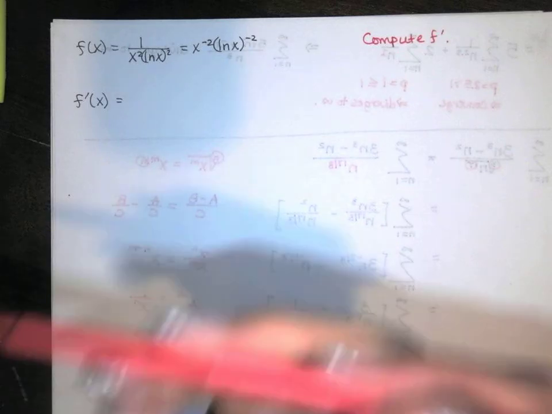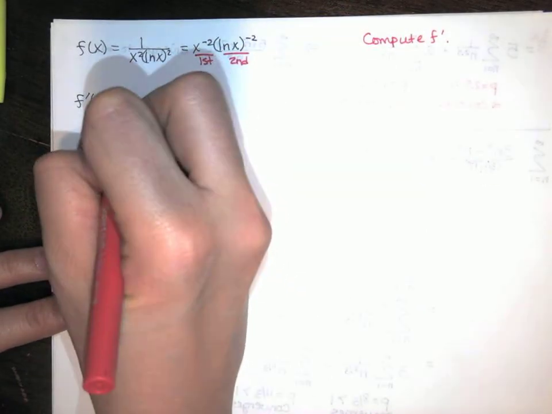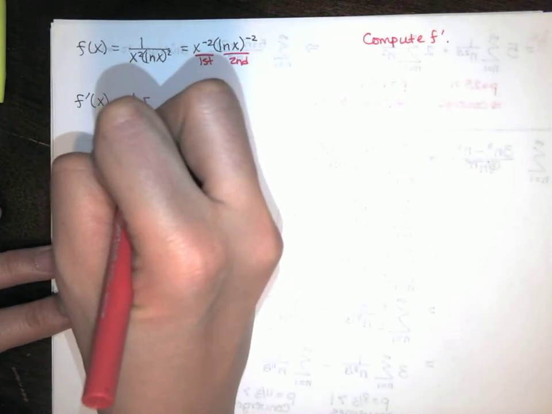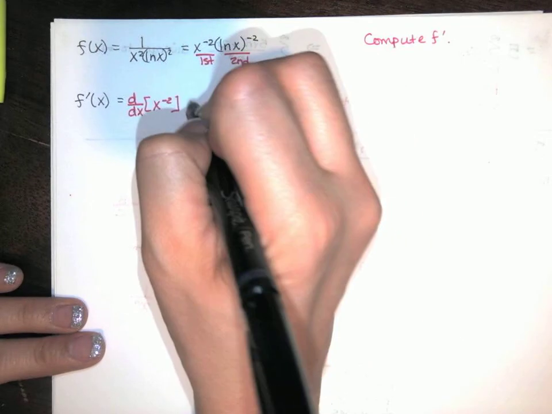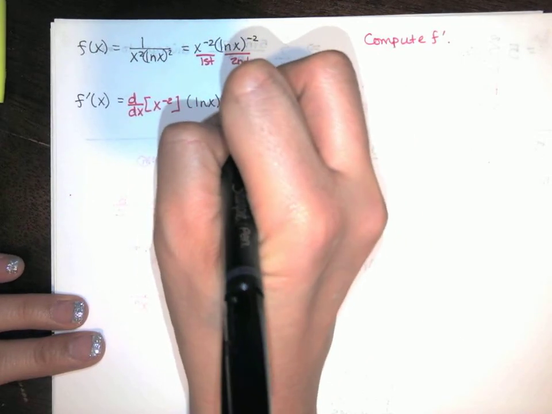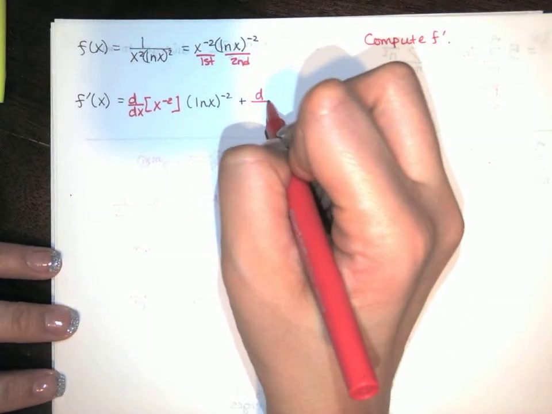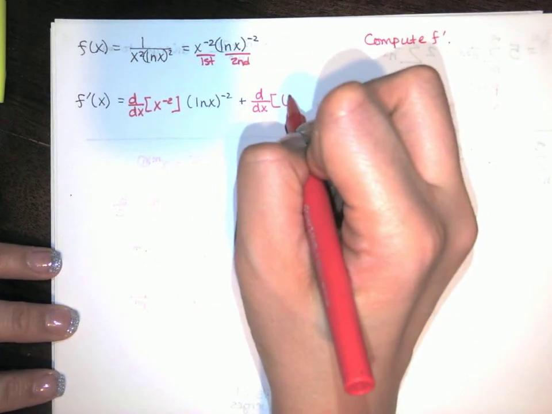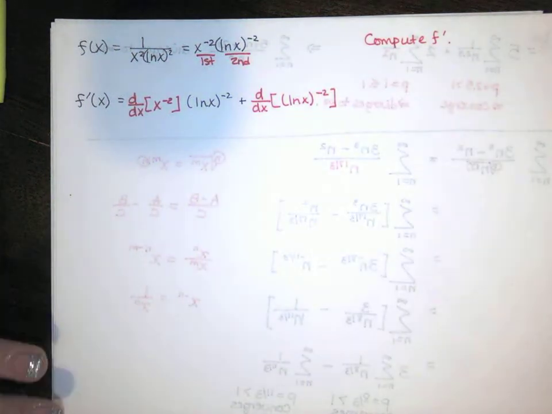According to the product rule we get, if this is my first function and that's my second function, derivative of the first times the second undifferentiated, plus derivative of the second times the first undifferentiated.